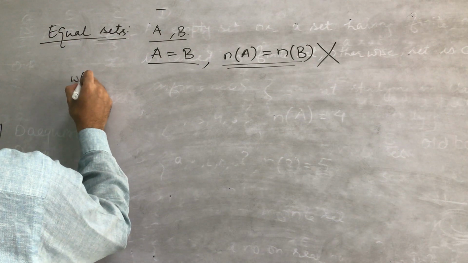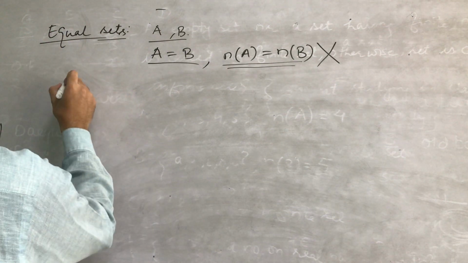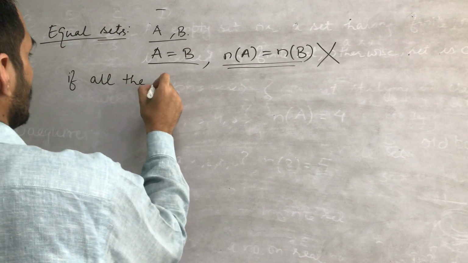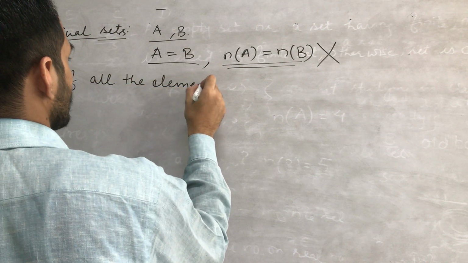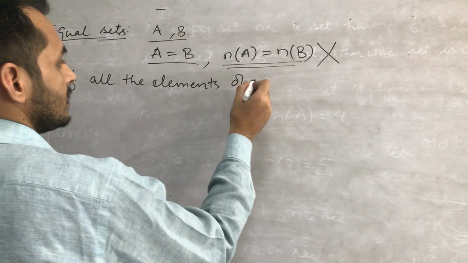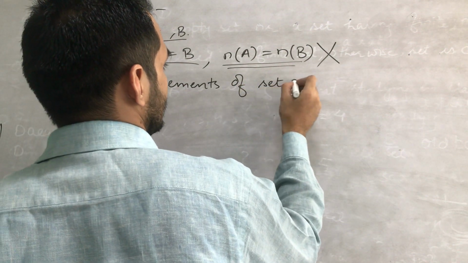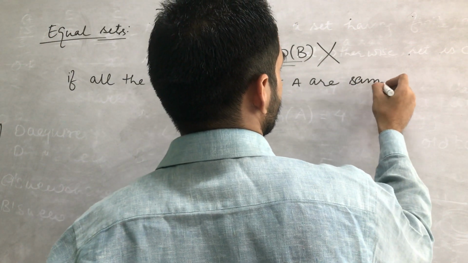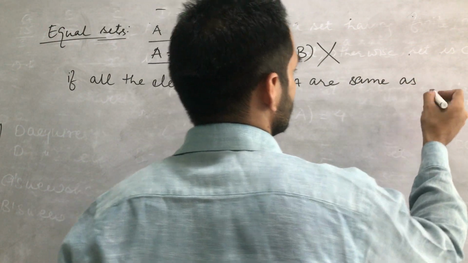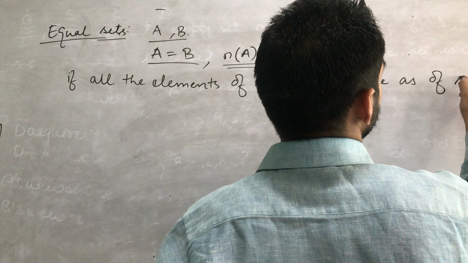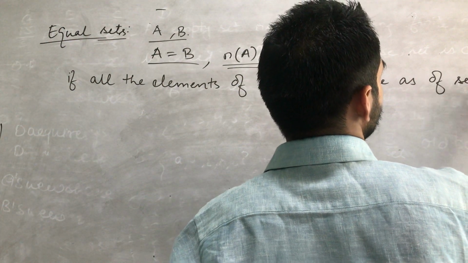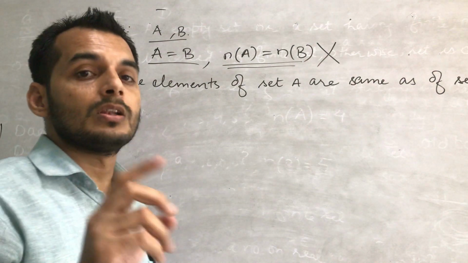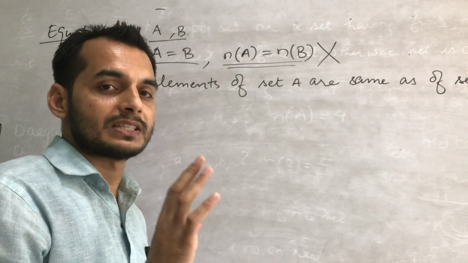When or if all the elements of set A are the same as those of set B. Okay, only then we will call two sets equal sets.